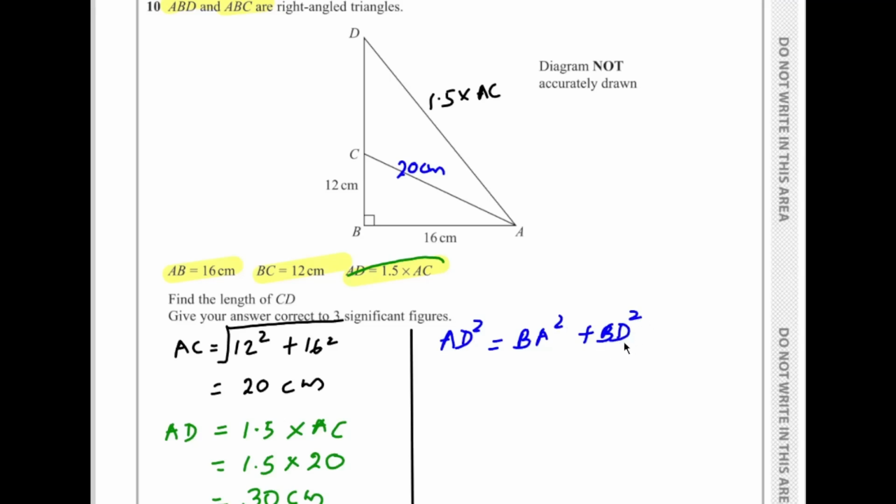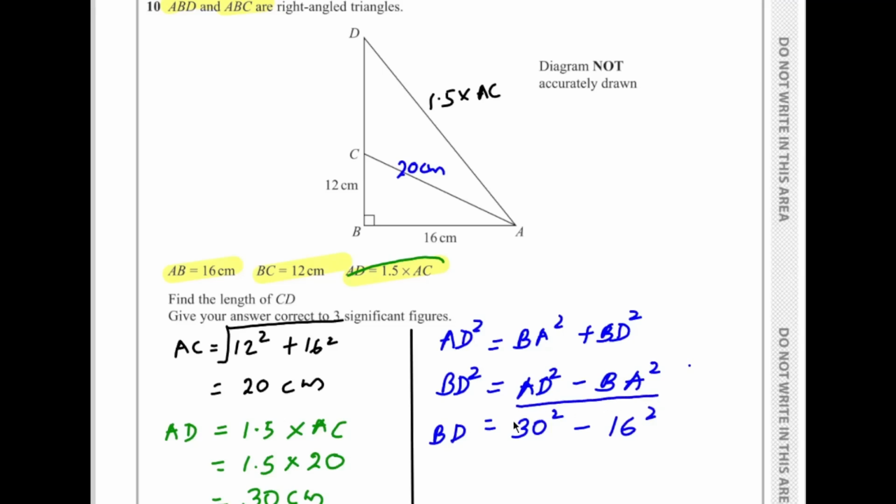So I need to get this one. BD squared equals AD squared minus BA squared. Then AD squared. AD we got it as 30 squared. BA we been given as 16, so it is 16 squared. If I want to get BD, I need to get the root of this one.